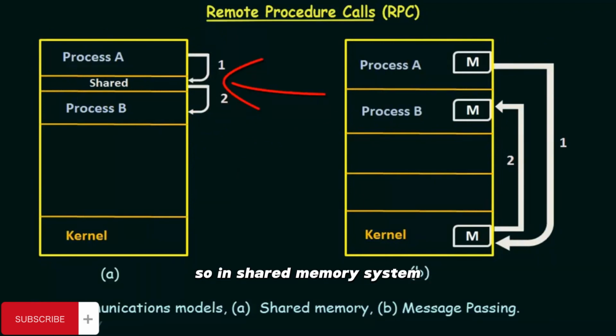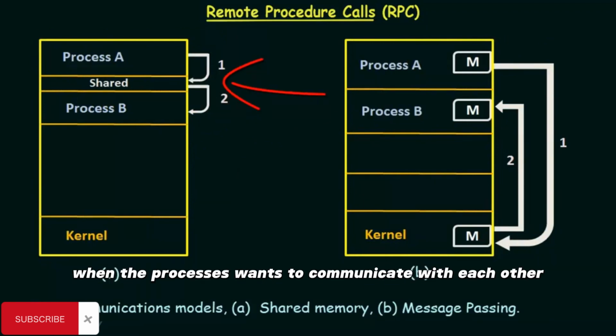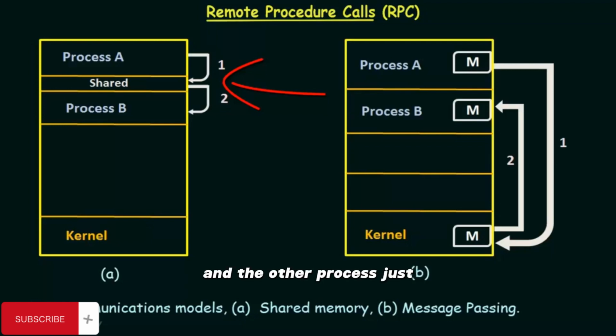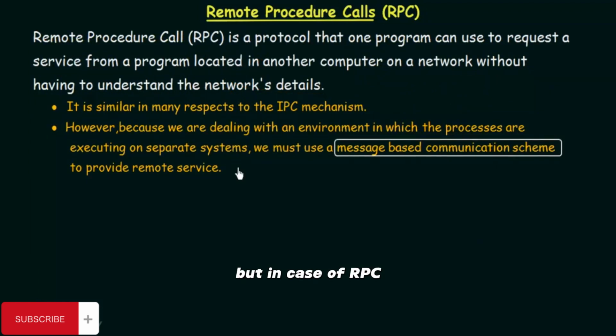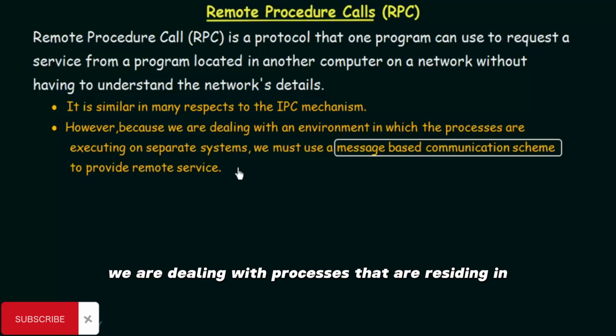In the shared memory system, when the processes want to communicate with each other, there is a shared region of memory that they have. The process that wants to communicate just writes whatever it wants to communicate on the shared region, and the other process just reads from that shared region. But in case of RPC, we are dealing with processes that are residing in two different systems connected via a network.